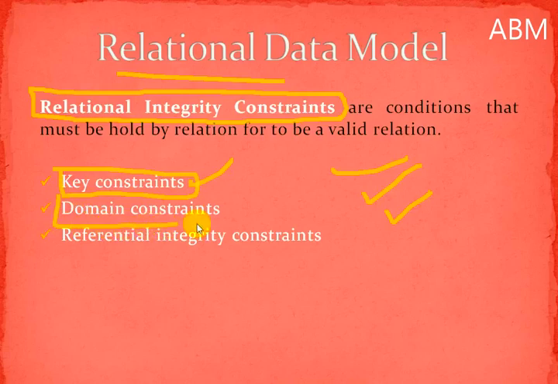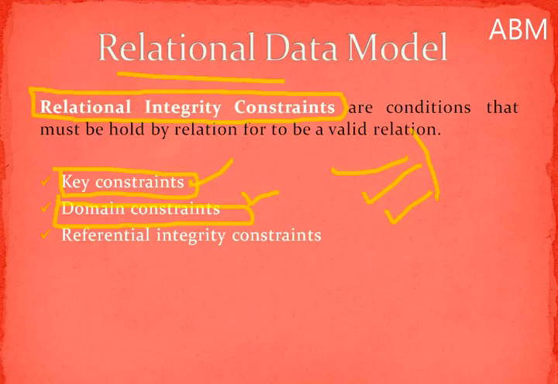The next one is the domain constraint, as I just told you, that we put some constraint on the domain of some attributes. For example, we may put a constraint on the age: if you go to NADRA, where citizens are registered, only those persons whose age is above 18 can get their registration card.